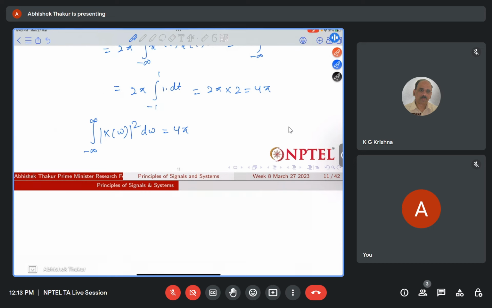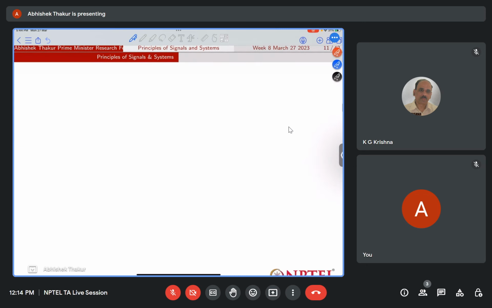So we can take some other concepts. We'll see what correlation, autocorrelation and cross correlation are. Autocorrelation is the relation of one signal only with itself, that is x(t) itself.